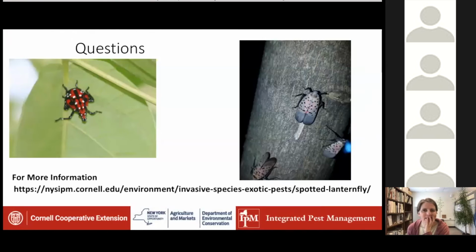What makes the 4th instar easily identifiable from the first 3? It does turn red and continues with the white spots. And what is the prime characteristic you would be looking for to identify the adult spotted lanternfly? It is approximately 1 inch long with the outer wings having black spots.